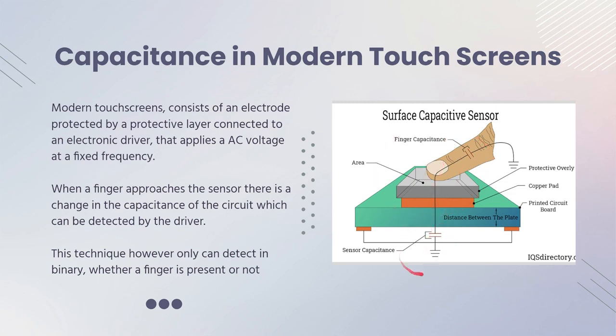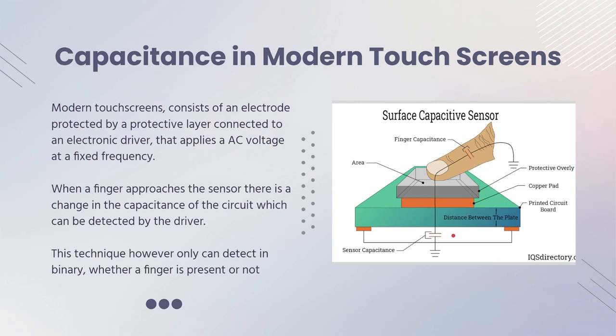This feedback is recorded by the electronic components here that can then determine if a finger has approached it or not. So, by using the simple virtue of capacitance, we are able to quickly and intuitively determine if there is any sort of finger approaching the sensor.